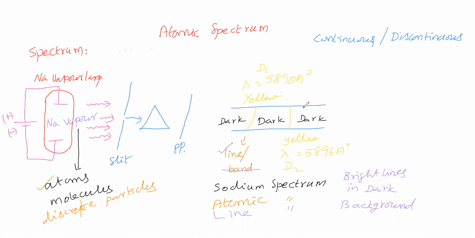For this case, we will take another example, VIBGYOR also. VIBGYOR means violet will be there, then indigo, then blue, and so on. Now VIBGYOR is one spectrum given to you, the visible spectrum. Another one is this sodium spectrum.